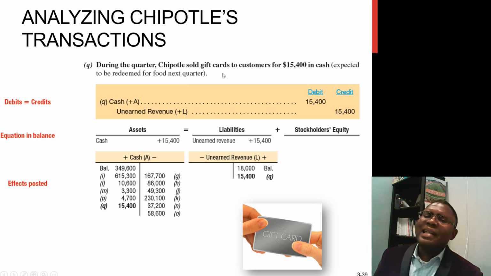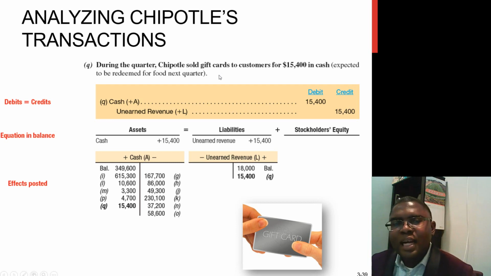So once they sell a gift card, they are receiving cash. So the cash account will be affected, but that becomes an unearned revenue, which is a liability. It's an unearned revenue. Unearned revenue is a liability. It will only become revenue when the customers present this gift card in exchange for goods and services.